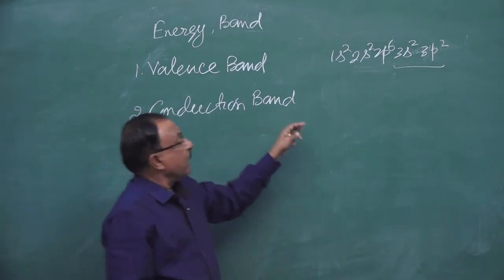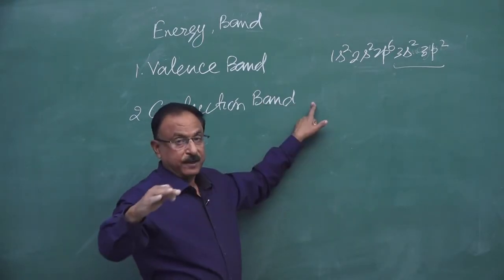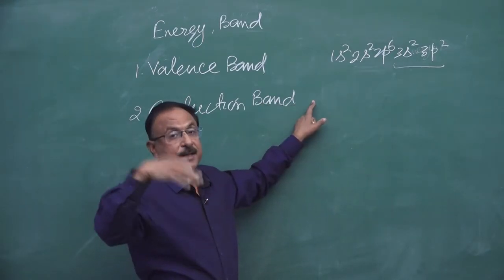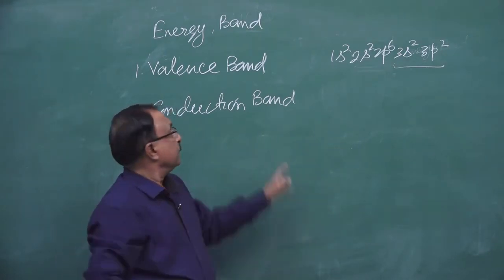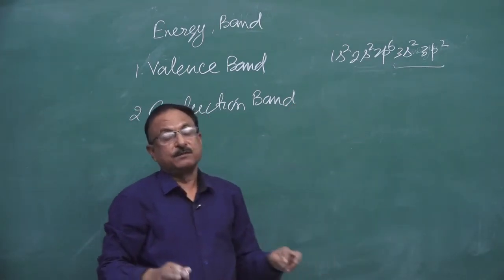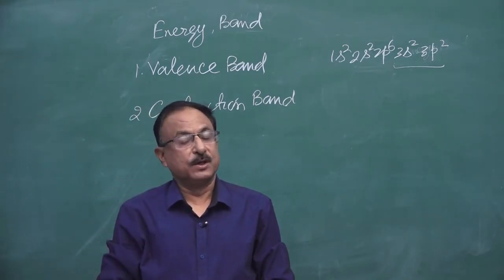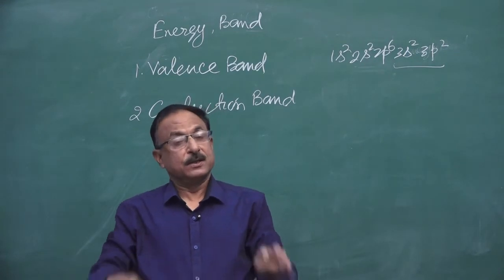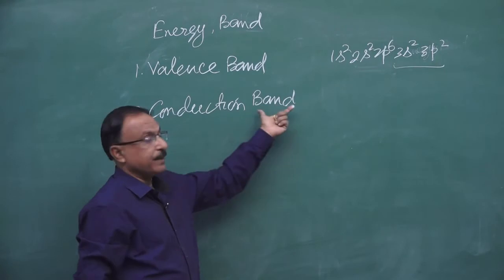The second, above this, is the unfilled energy levels. After the filled electron energy levels, the next higher energy levels, which are empty, form an energy band, or we'll say the lowest of the unfilled ones.